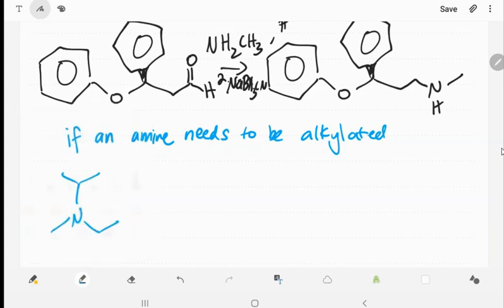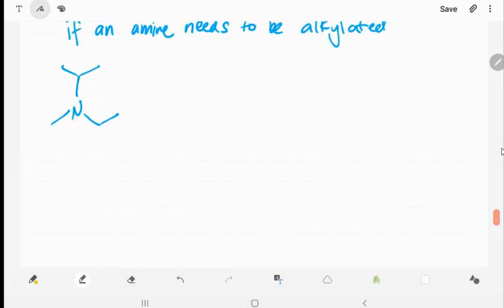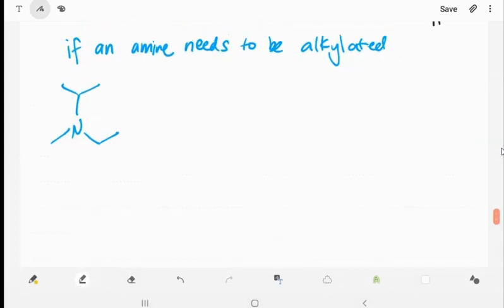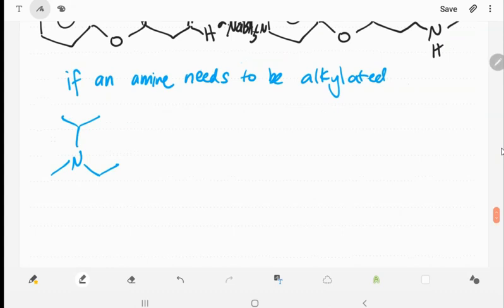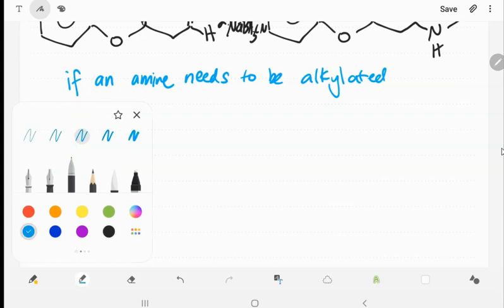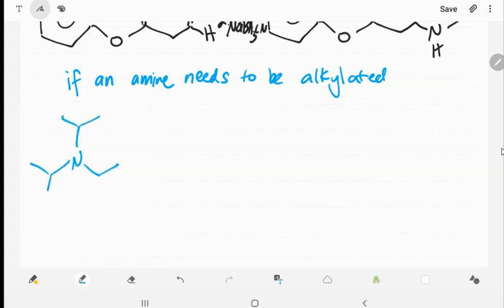If we want to make this thing, let's make them all the same. Let's maybe say we want isopropyls everywhere. We want a nice super bulky base. If we want this thing, remember we can't just go directly and say, aha.